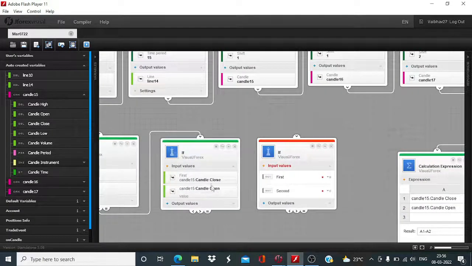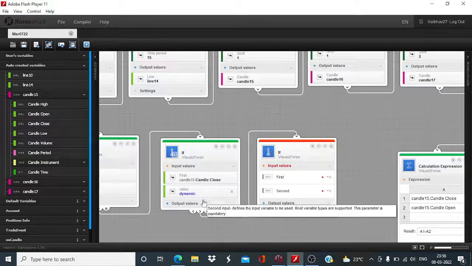Here also first input greater than second input.